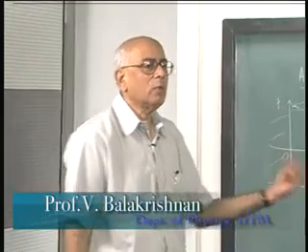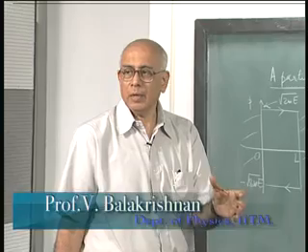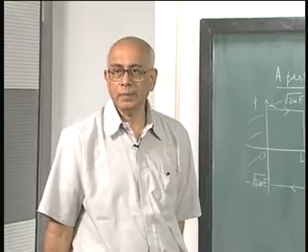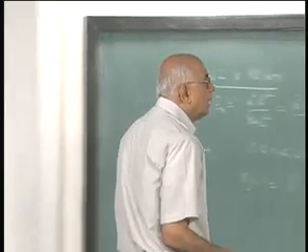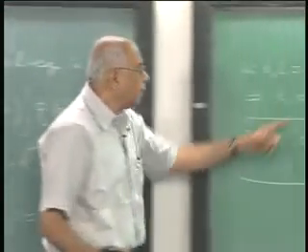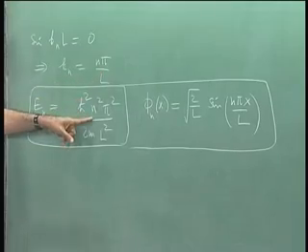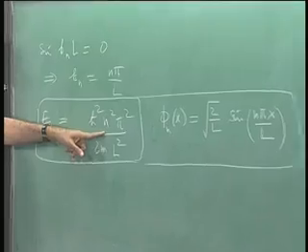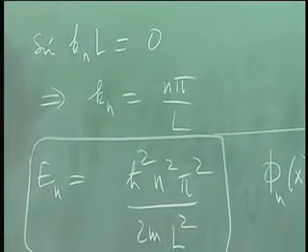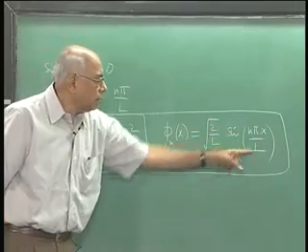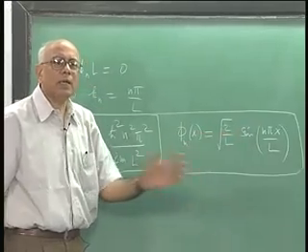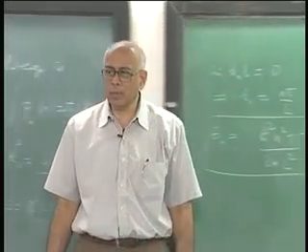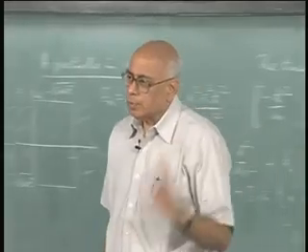It does not matter, because sin n pi x over L is minus sin of minus n pi x over L. So if n were negative, you would get the same wave function over again with just a multiplicative factor. So it is not linearly independent. There is just one linearly independent solution for each value of n, and notice the energies are proportional to n squared. So it really does not matter whether n is positive or negative, which is a reflection of the fact that sin of this and minus sin of this are linearly dependent, just multiplying by a constant. So you may as well choose just positive integers.